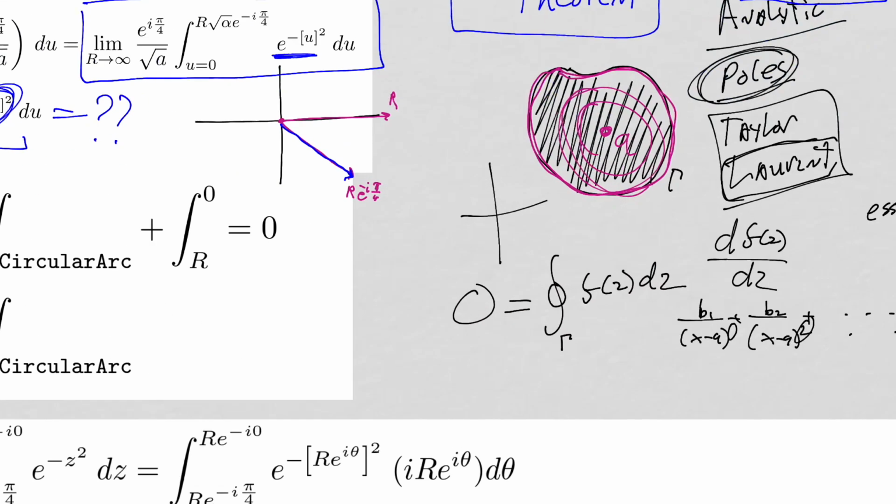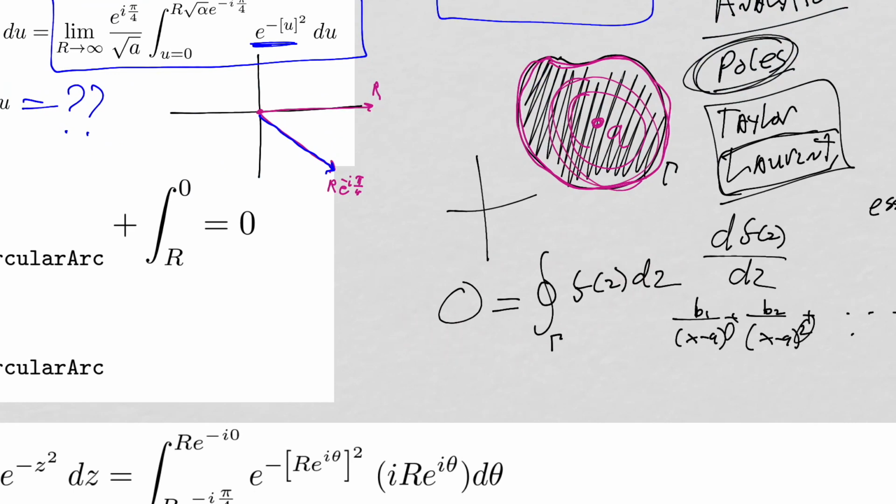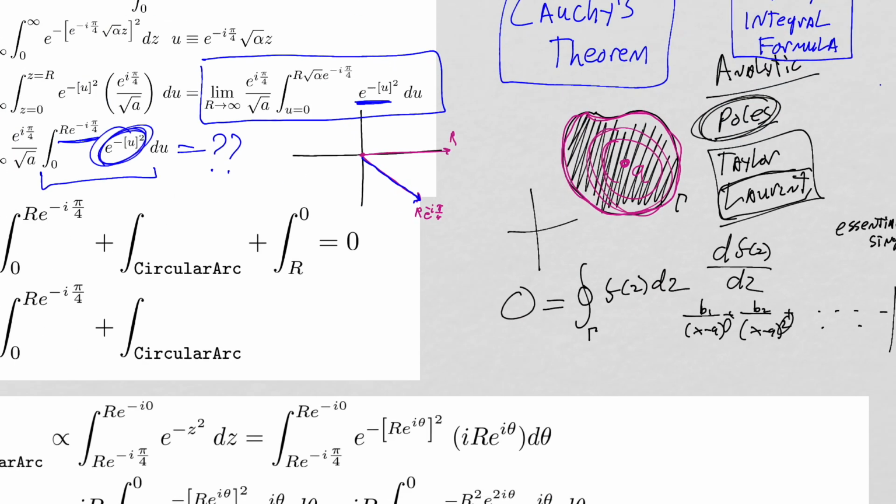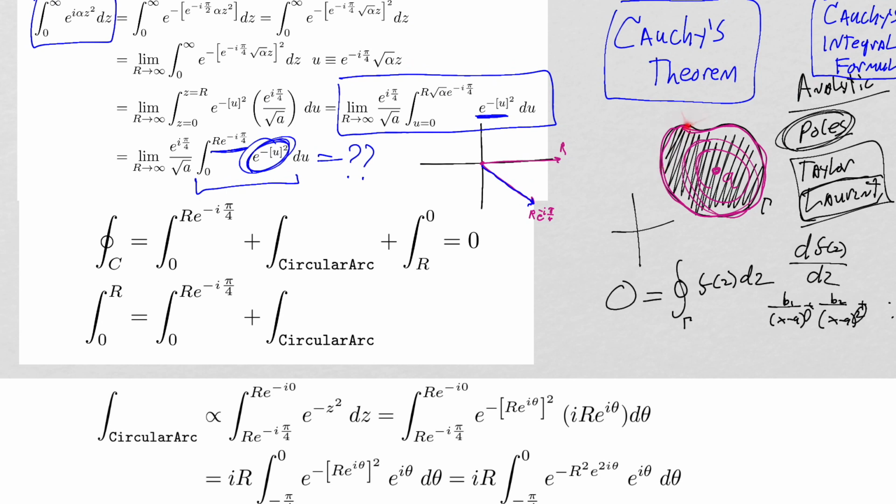Closed contour of an entire function is going to be 0. An entire function means a function that's analytic in the entire complex plane. Such a function is called entire, although that is a bit of old usage.